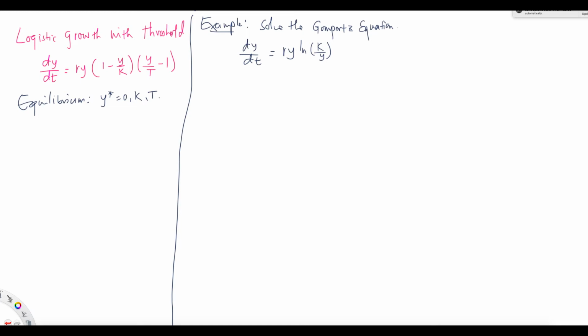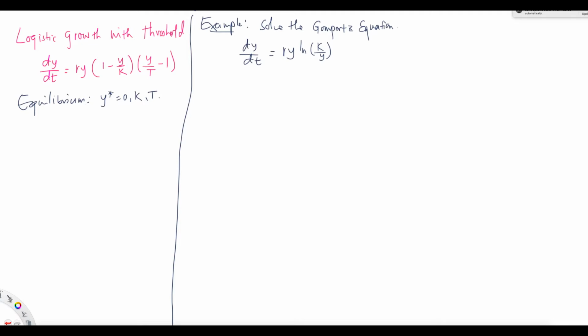In the last video, I discussed the logistic equation and the threshold model, right? It is similar to the logistic equation. In the logistic equation, the population grows if the initial population is less than the carrying capacity, and declines if the initial population is more than the carrying capacity.